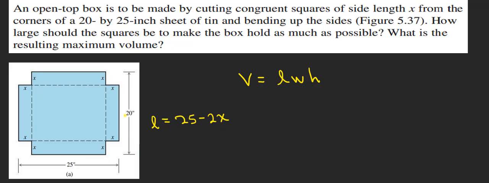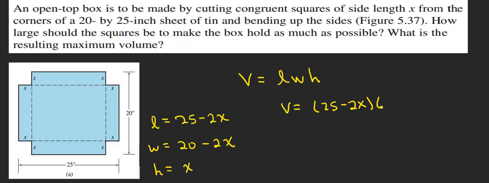What about the width? The width is going to be 20 minus 2x. And the height of this box is going to be x. So the volume of this box is going to be 25 minus 2x times 20 minus 2x times x.